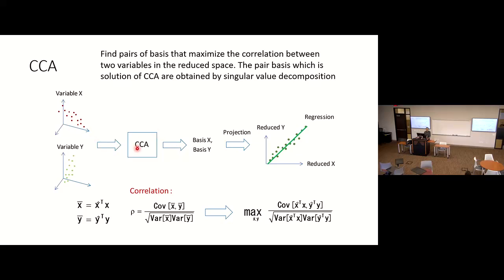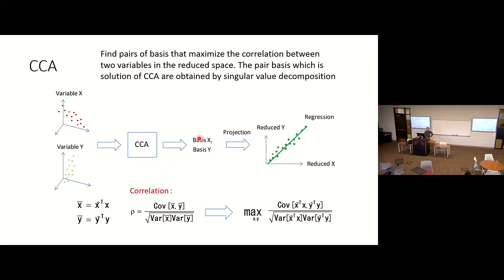Put them together and find two rotation matrices. Project this and that into a reduced dimension, and then do the regression to allow the correlation between the projected points from these two views to be the highest.